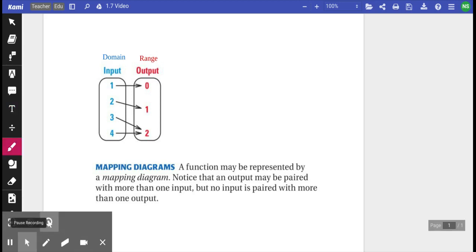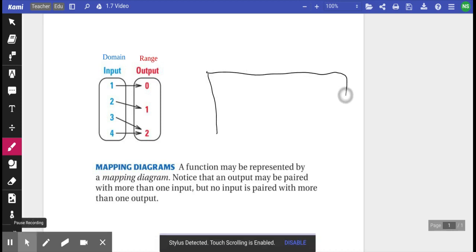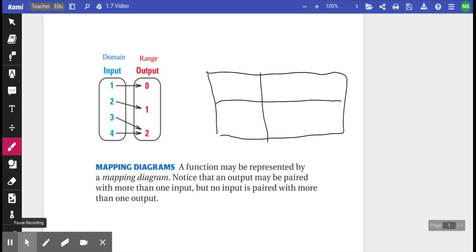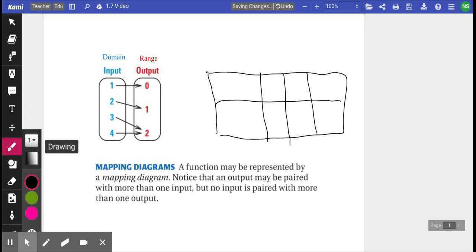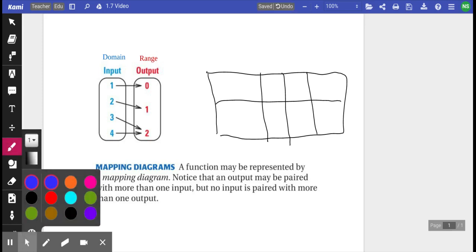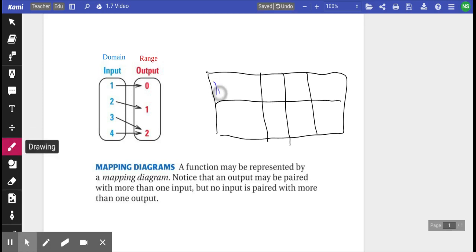So if we were representing this function with a table, it would look something like this. We'd have our domain and range in the same spots, which we're also calling input and output.